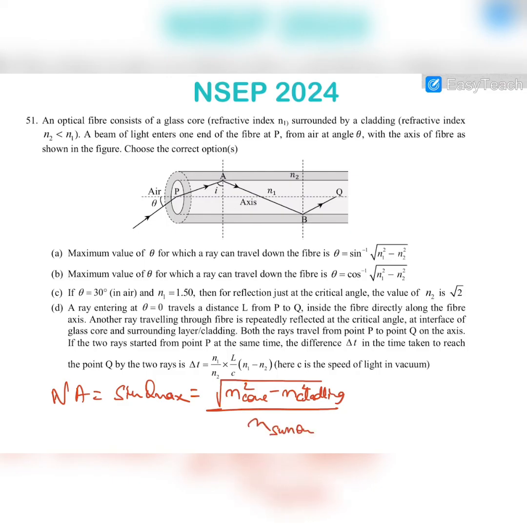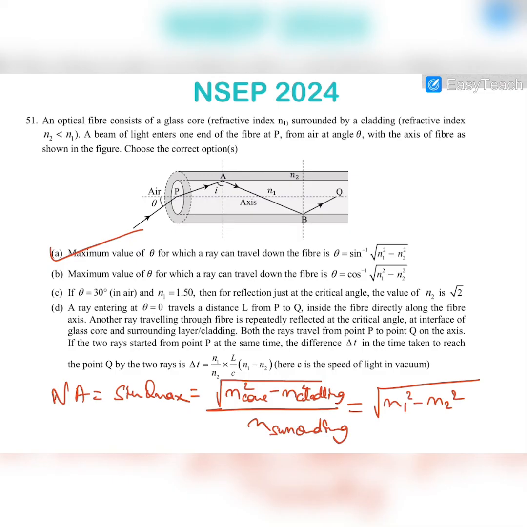So this is the formula of numerical aperture, and obviously the surrounding medium is air, so n surrounding will be 1. So this will be under root of n1 square minus n2 square. So theta max will be sine inverse under root of n1 square minus n2 square.